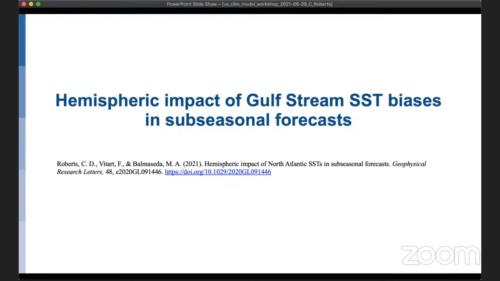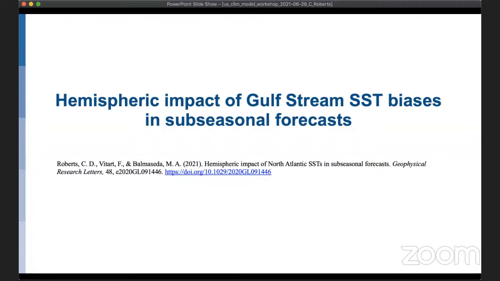Okay, for the remainder of this presentation, I'll discuss some recently published results based on sensitivity experiments with our coupled forecast system. So although we know that ocean atmosphere coupling can improve skill at subseasonal lead times, it also introduces this potential for systematic errors, especially in the sea surface temperatures. And again, as we saw in an earlier slide, the ECMWF model doesn't fully resolve the ocean mesoscale in the mid-latitudes.